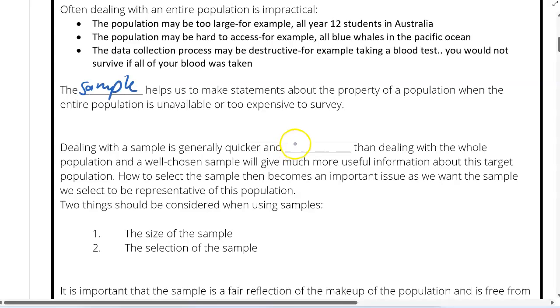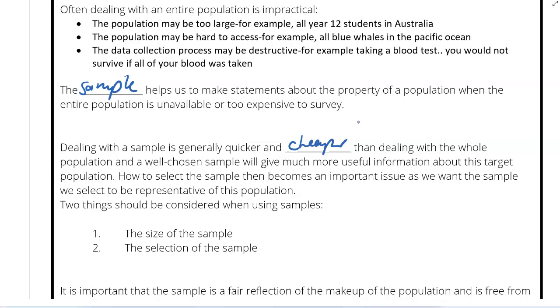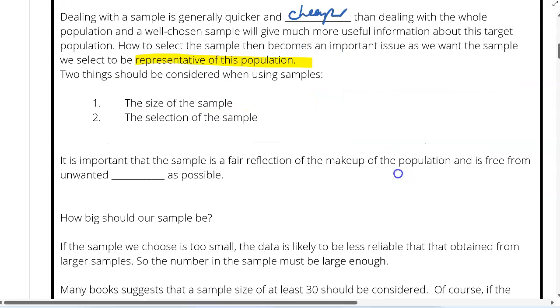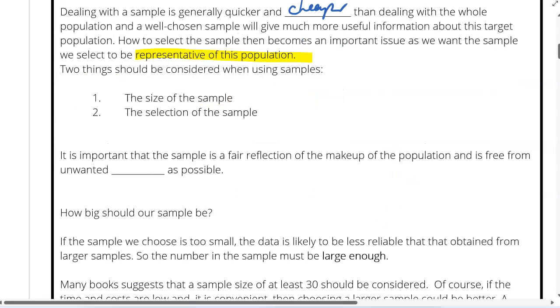Taking a sample is generally quicker and cheaper, but we need to be careful that the sample is representative of the population. That's the important thing. There's a lot of money and research, and special people that work out who the best people to select for a sample are. Things we do consider are the size and the selection. So the focus today is going to look at that.